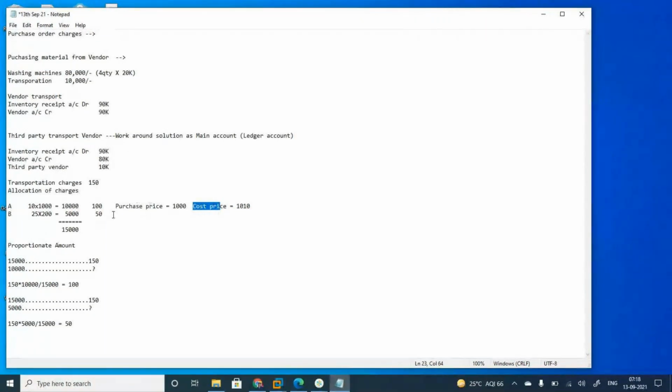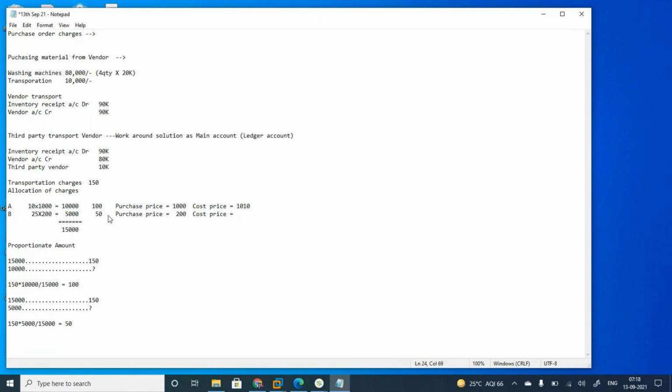Here purchase price is equal to 1200, and cost price is equal to how much?